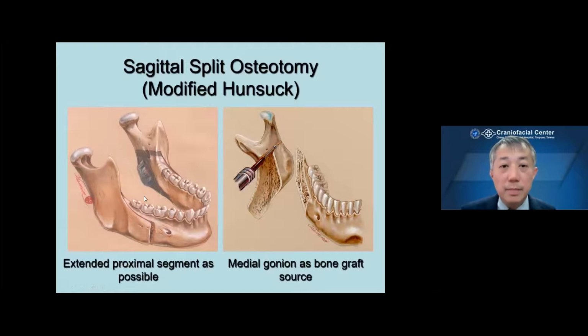For the bilateral sagittal split, we suggest using the modified Hunsuck method, because we extend anteriorly and preserve especially the medial gonion, because the medial gonion is the attachment of the medial pterygoid muscle. The medial pterygoid muscle will prevent the distal segment from moving forward or backward.